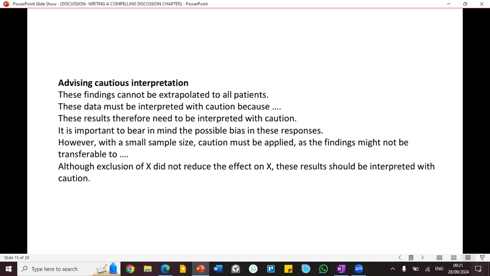To give caution, you can use a phrase such as, "These findings cannot be extrapolated to all patients," maybe because of a reason. You need to give us a reason. "This data must be interpreted with caution because," okay, so this also forms part of your limitations in your discussion as you express it.